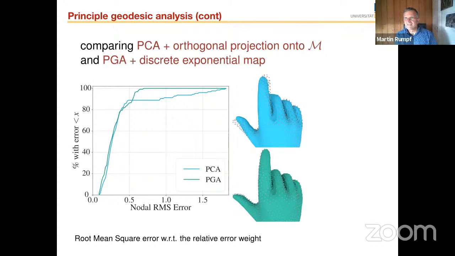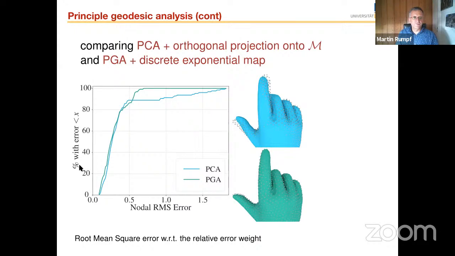PGA is much more robust than PCA plus orthogonal projection onto the manifold, which would, for instance, be your first guess. That is visualized here. So the green is the PGA. The dots indicate the precise position of a variation.